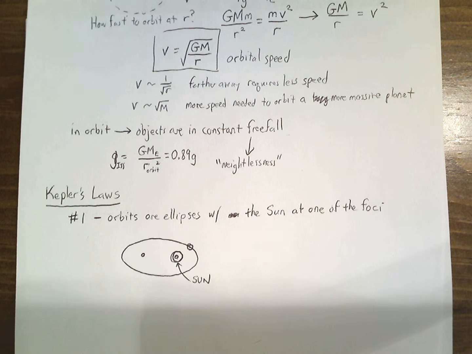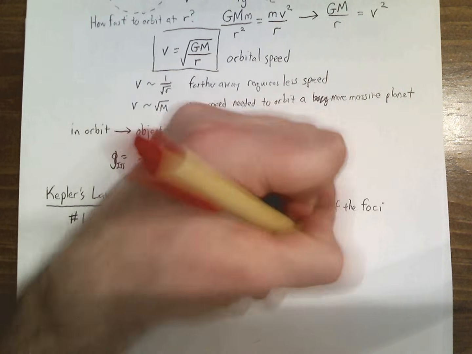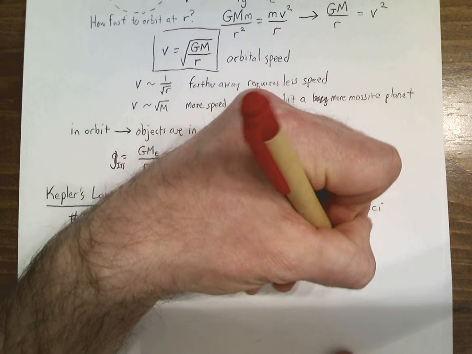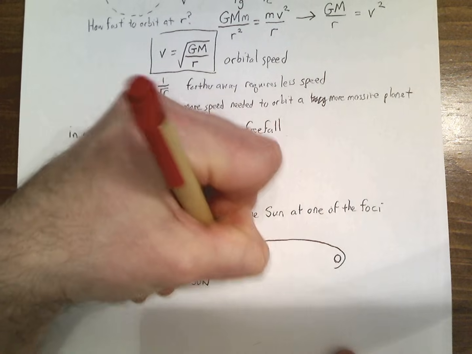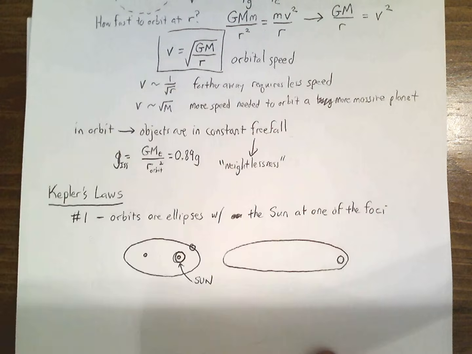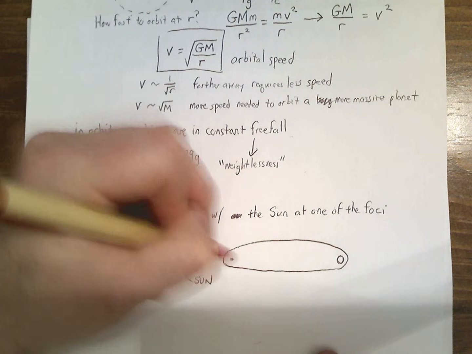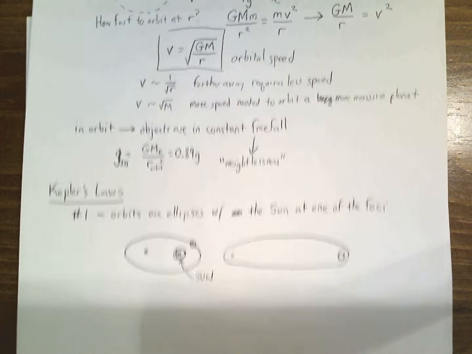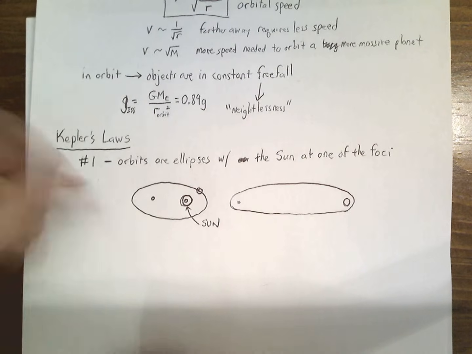For other planets, you do have really close approaches and you have further aparts. For things like comets, which are very elliptical orbits, the comet actually spends most of its time away from the sun and out in deep space, and then when it comes by, it whips around really quickly, which sort of brings us to our second law.